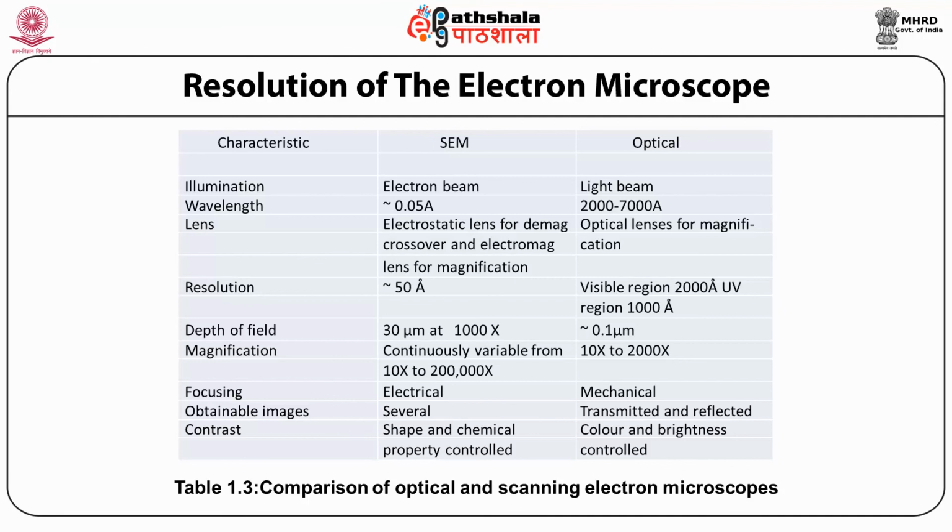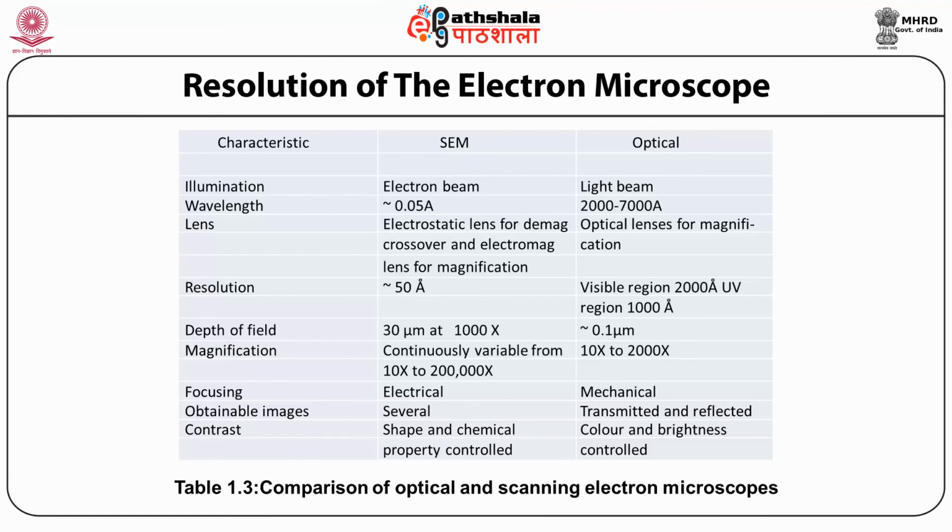For SEM, the illumination is by electron beam, while for optical microscope, it is by light beam. The wavelength for SEM is of the order of 0.05 angstroms, while for optical, it is of the order of 2000 to 7000 angstroms. The lenses used in SEM are the electrostatic lens for demagnification crossover and electromagnetic lenses for magnification. For optical microscope, the optical lenses are used for magnification.